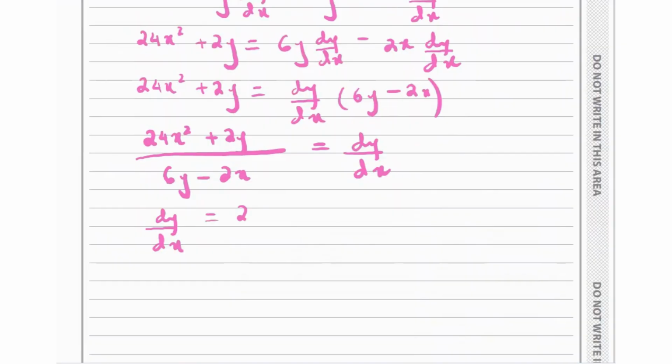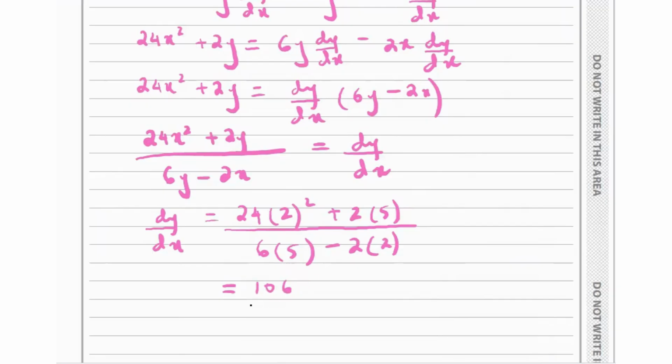So 24 times 2 squared plus 2 times 5 over 6 times 5 minus 2 times 2. That's going to give us a value of 106 over 26, which we can simplify to 53 over 13.